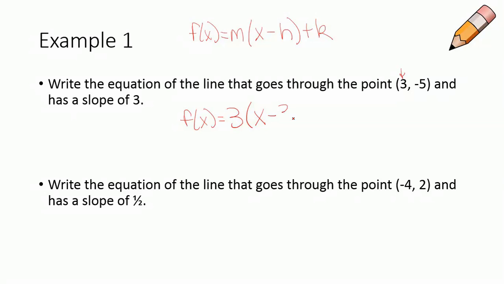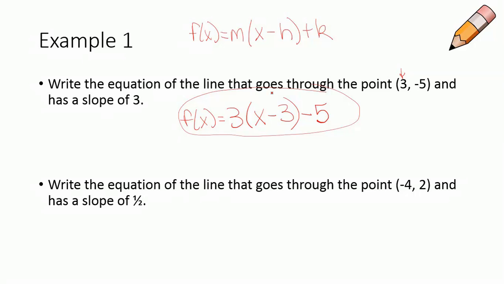So I'm actually going to subtract 3. Then I'm going to go down 5. So I'm going to say down 5. This equation is actually done. It's actually the same one that you would have gotten if you would have done y equals mx plus b. It's just in a different form.